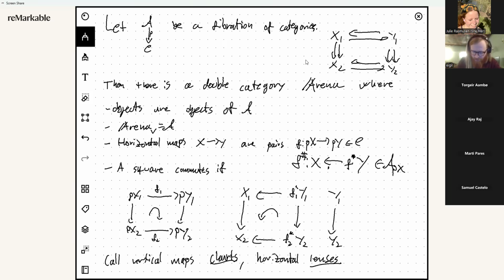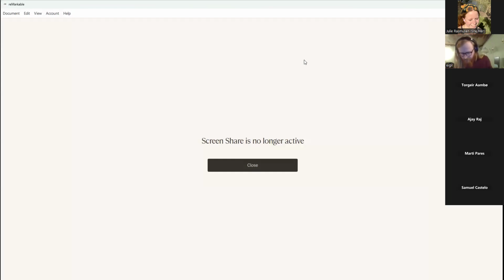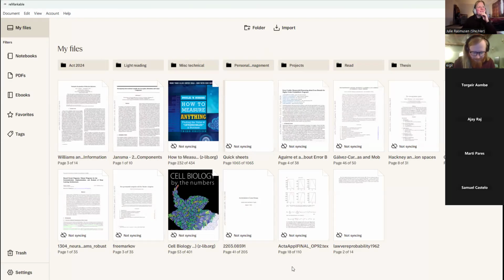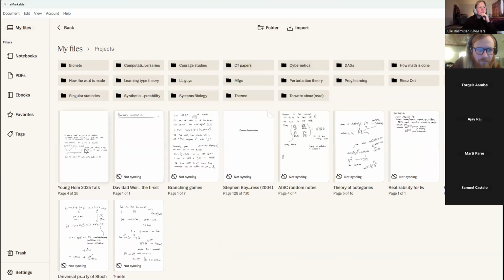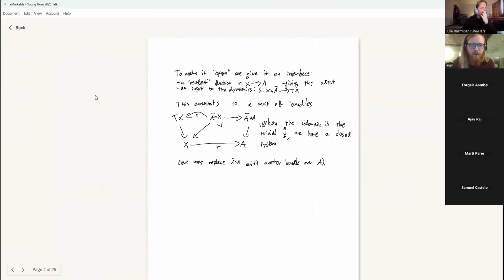I was expecting this to work better. I wish it would at least keep displaying the image. It should be synchronized.